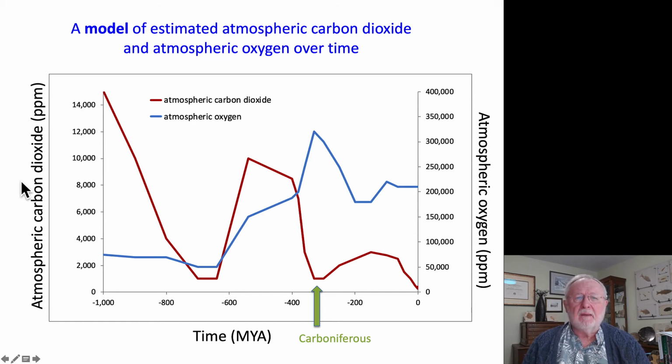Well, here's our timeline. CO2 concentration comes down. We have a big snowball Earth event. We come out of that snowball Earth event. Then we have another decrease in carbon dioxide associated with the Carboniferous.